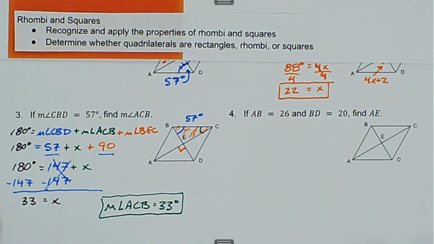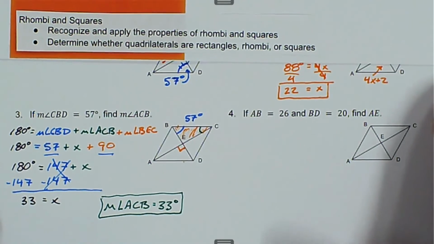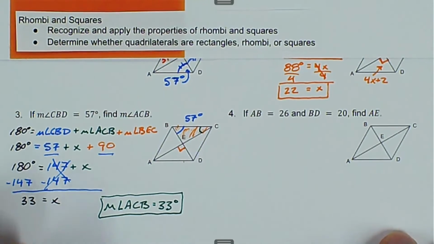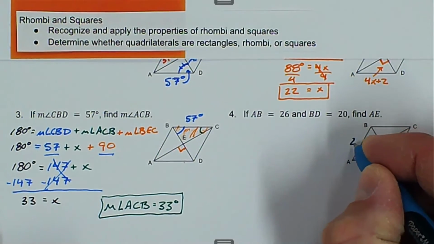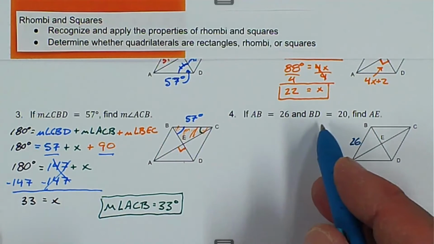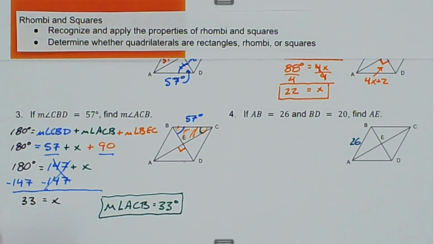We'll do one more. We have if AB is equal to 26, so there's AB, and we're going to put 26 there. And BD is 20.